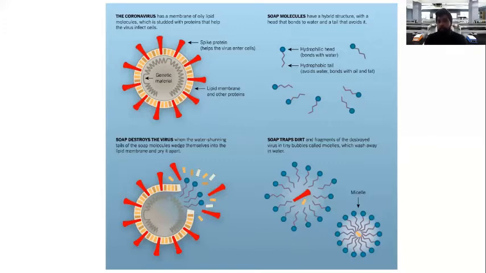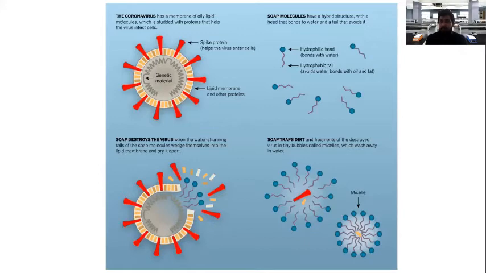If there is no emulsifying agent, but we add something like soap, it forms micelles and the oil can disperse in the water. So that helps to form an emulsion. In this case, soap can act as a surfactant.